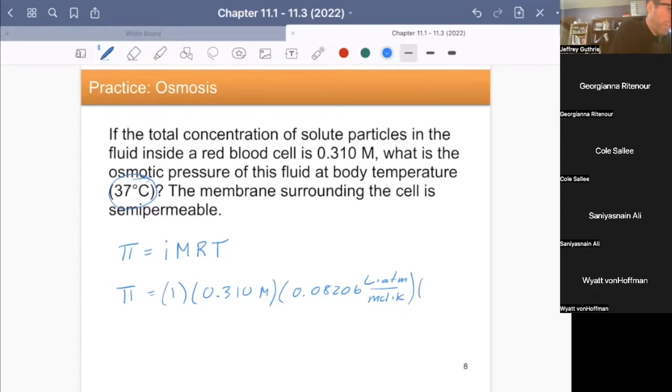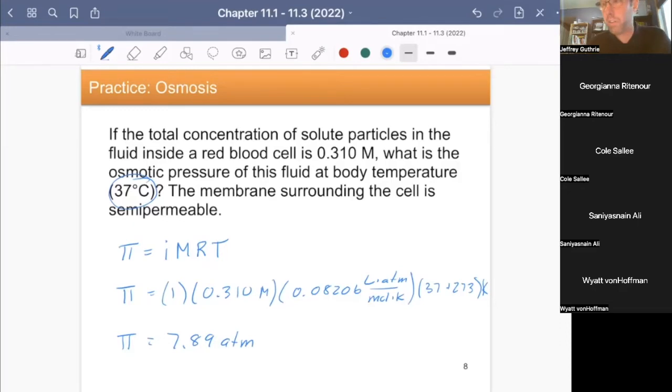That's going to be Kelvin. And then if we solve for osmotic pressure, we get 7.89 atmospheres.